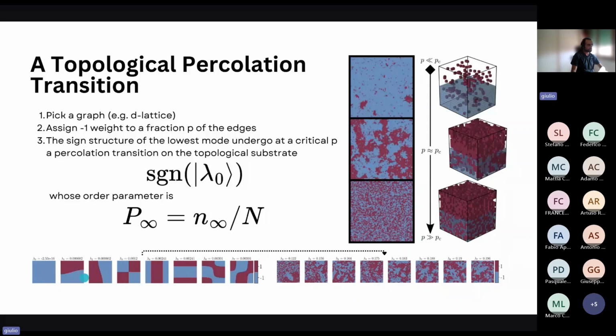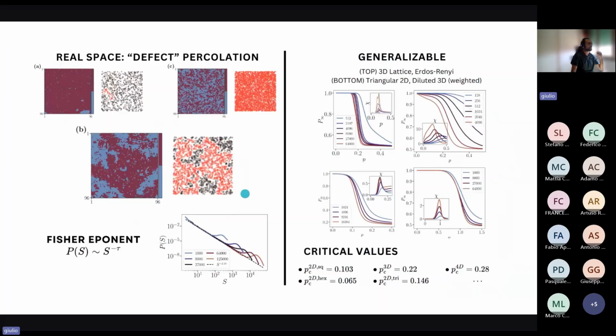And I would like to show you the difference of how you pass from the unfrustrated case to the frustrated one. So you have the usual plane wave modes, and then they all fragment, and there is a sort of collapse in the eigenvalues of your operator. This process, as I anticipated, is a percolation transition, and actually an isotropic percolation transition, as we spotted from the Fisher exponents over different topologies.